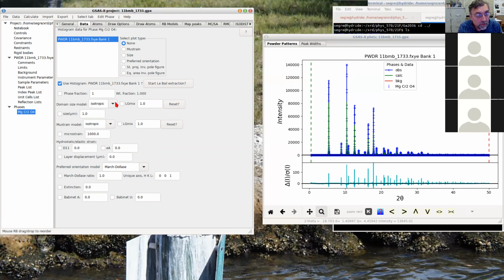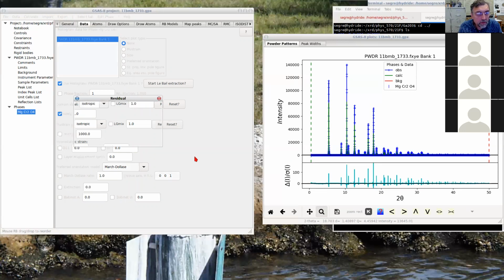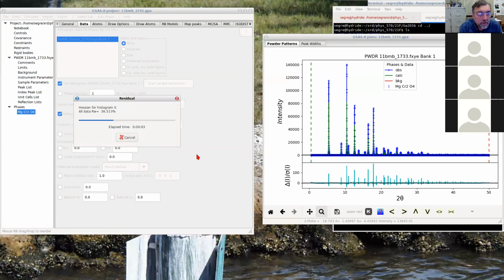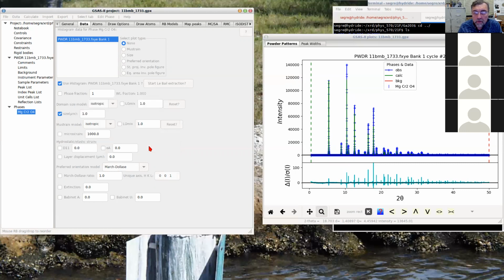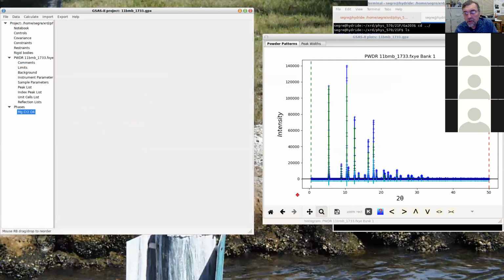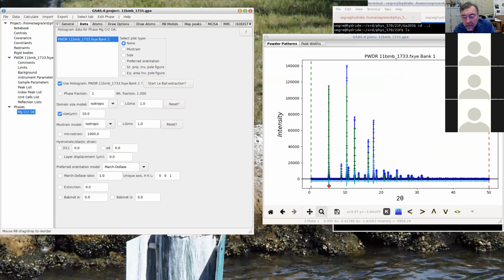So let's first look at size broadening. I'm going to refine this and see what I get. And so this is making a significant improvement. So now we're doing much better. You notice that the error, which is here, is small.